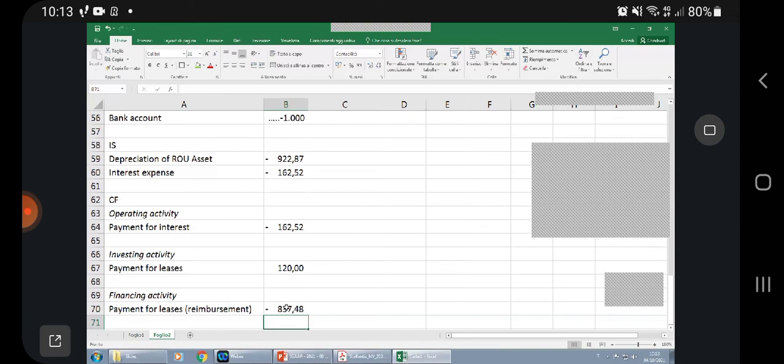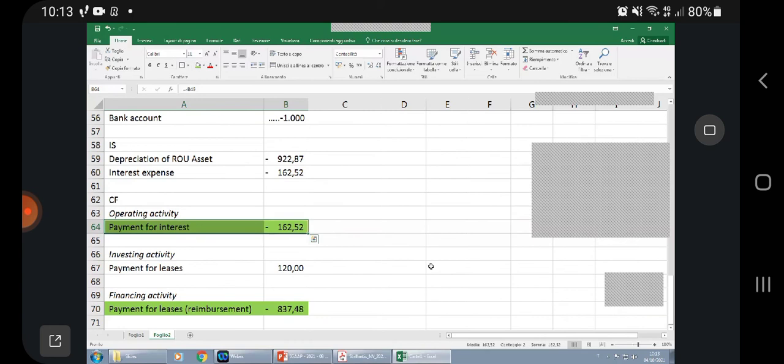Okay? So the cash outflows of 1,000 in the cash flow statement is presented in two parts. The payment for interest within the operating activity. This is not mandatory, but this is the option that is most chosen by companies.